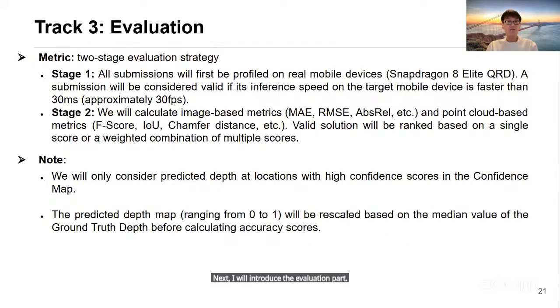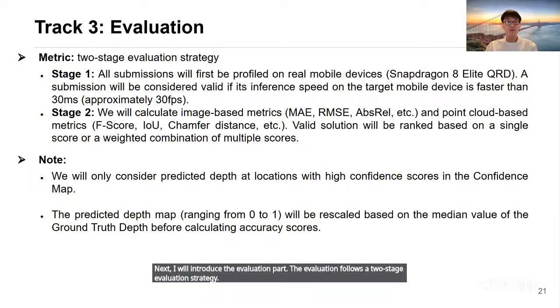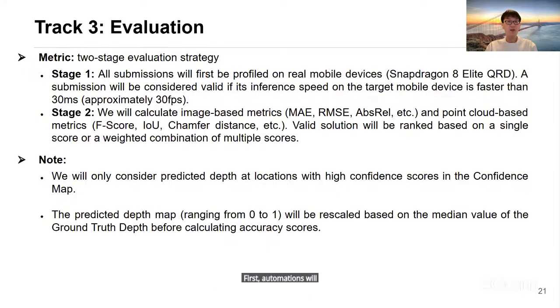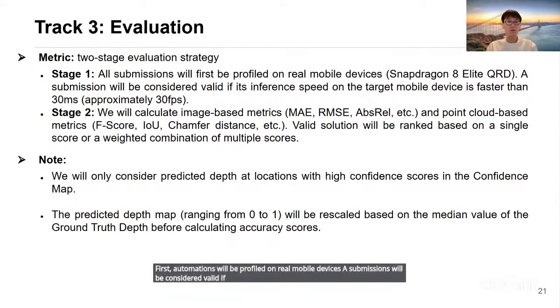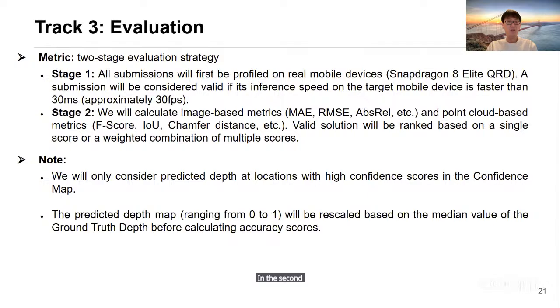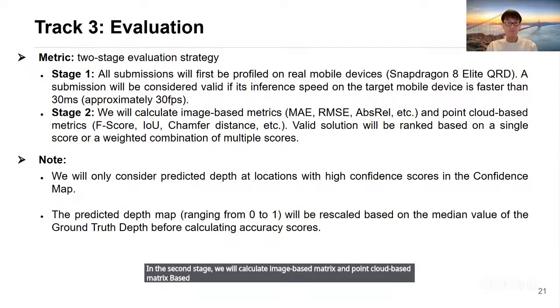The evaluation follows a two-stage evaluation strategy. First, all submissions will be profiled on real mobile devices. The submissions will be considered valid if the inference speed on the target mobile device is faster than 30 milliseconds. In the second stage, we will calculate image-based metrics and point cloud-based metrics based on existing works.